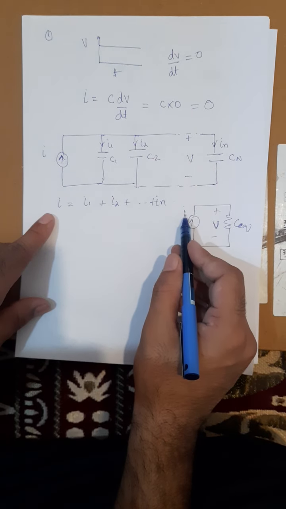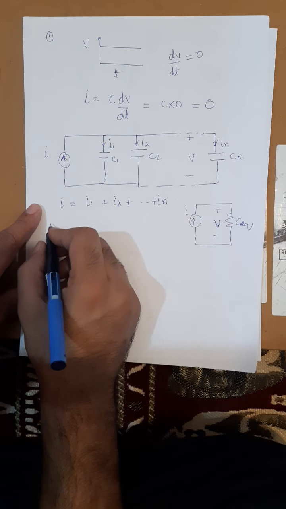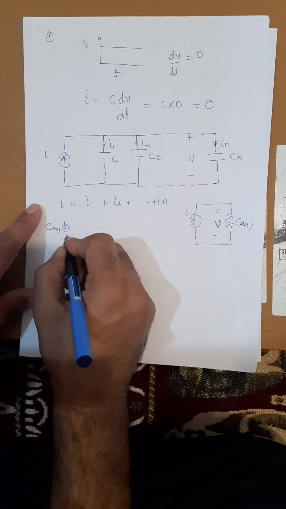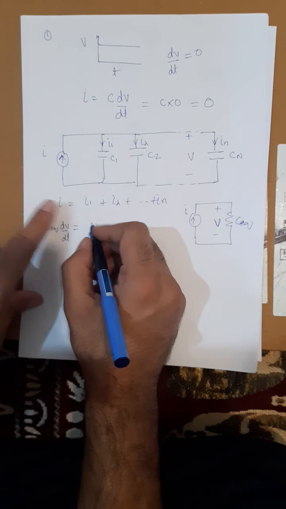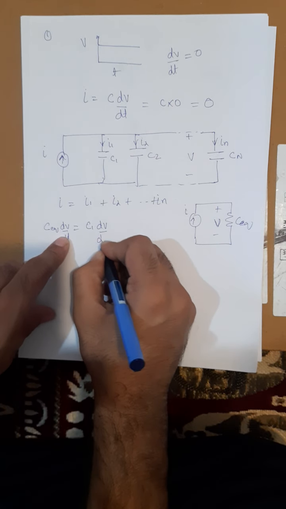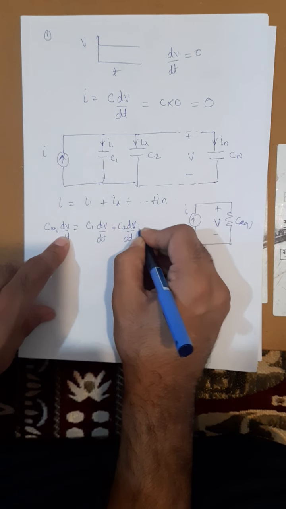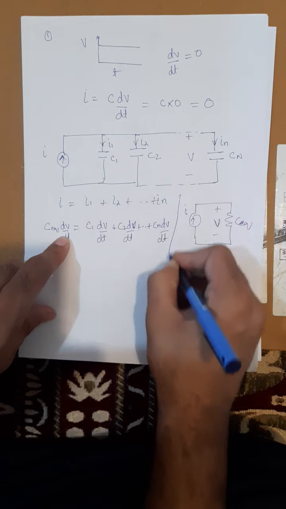In this circuit, I is equal to C equivalent dV by dt. And for these currents, I1 is equal to C1 dV by dt, I2 is C2 dV by dt, and In is Cn dV by dt.